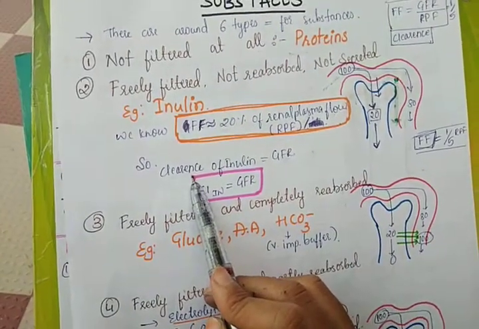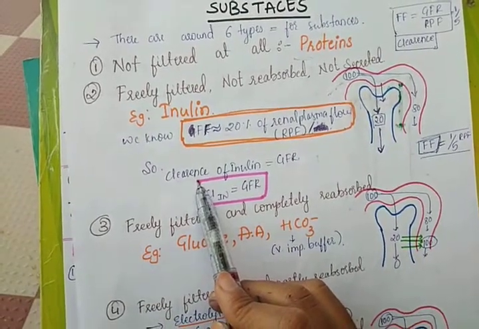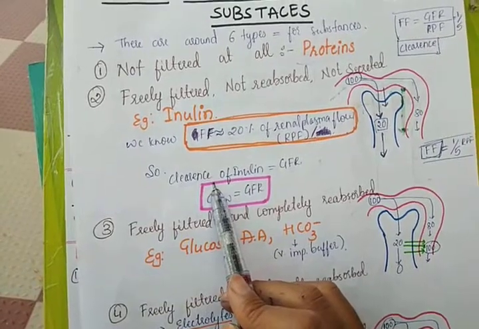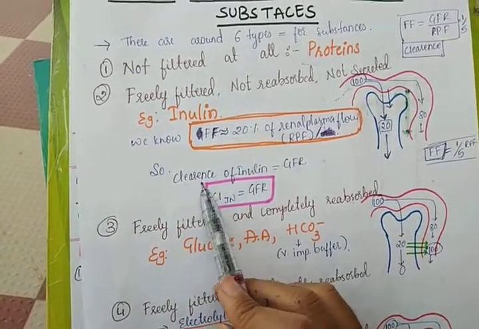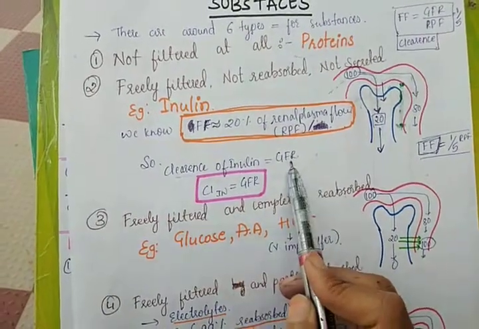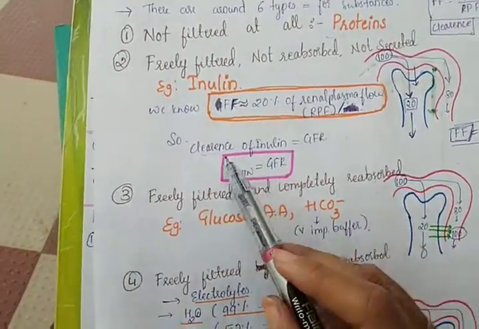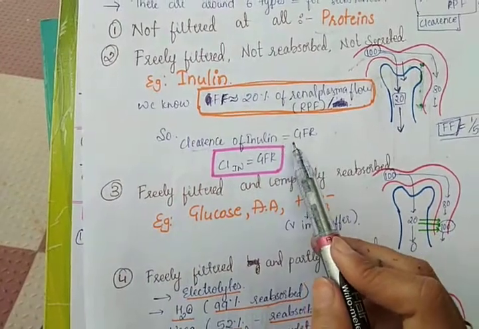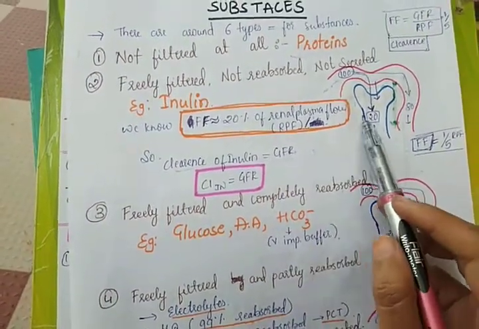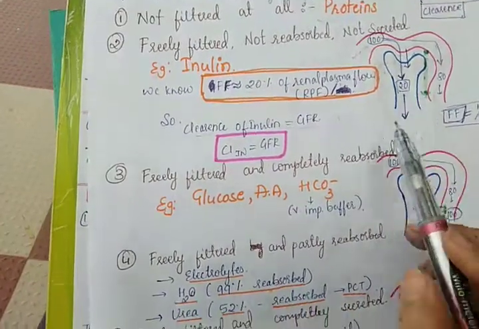Clearance is the amount of plasma cleared of a substance per minute or per unit time. Now the clearance of inulin is taken as GFR because it is not secreted and not reabsorbed.